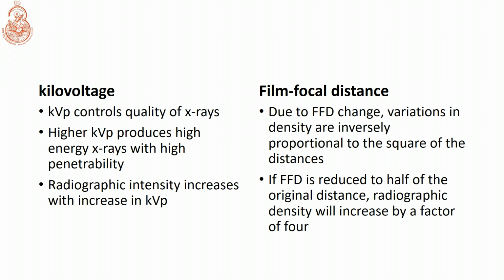The next one is the film focal distance. Due to a film focal distance change, variations in density are inversely proportional to the square of the distances. If the film focal distance is reduced to half of the original distance, the radiographic density will increase by a factor of 4. This shall always be kept in mind, not only with respect to the production of a quality radiograph, but also with respect to the protection of the staff standing inside the room.